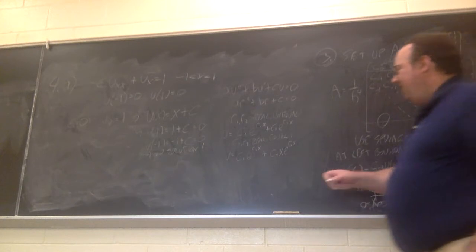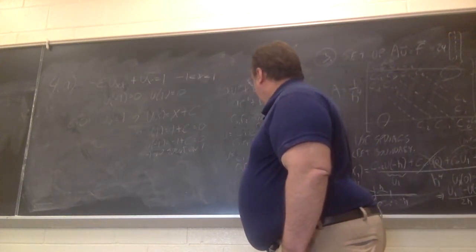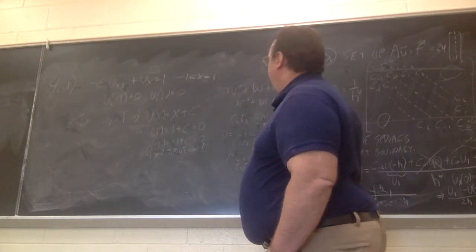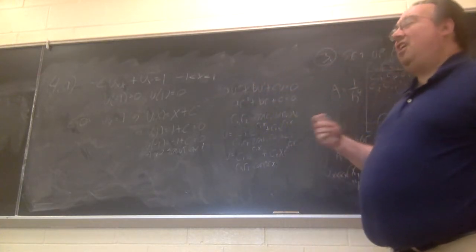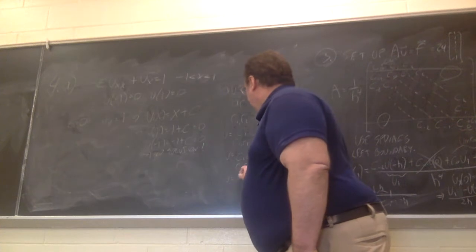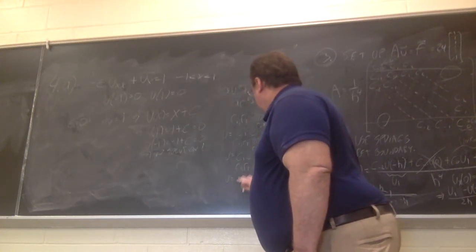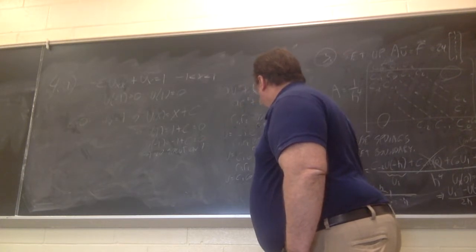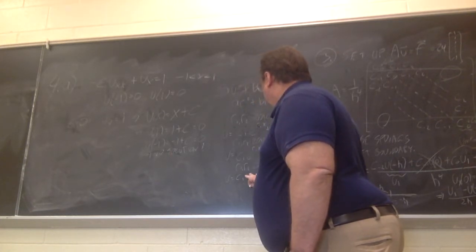And then the last case was R1 and R2 complex. But because A, B, and C are assumed real, they have to be complex conjugates. So it's cosine and sine. It actually could be exponential.